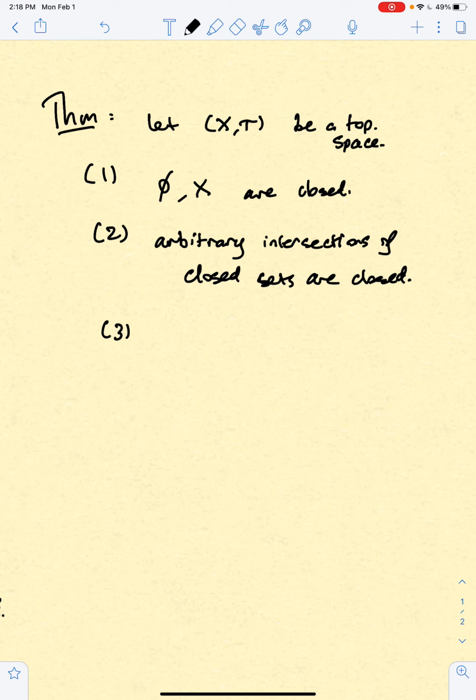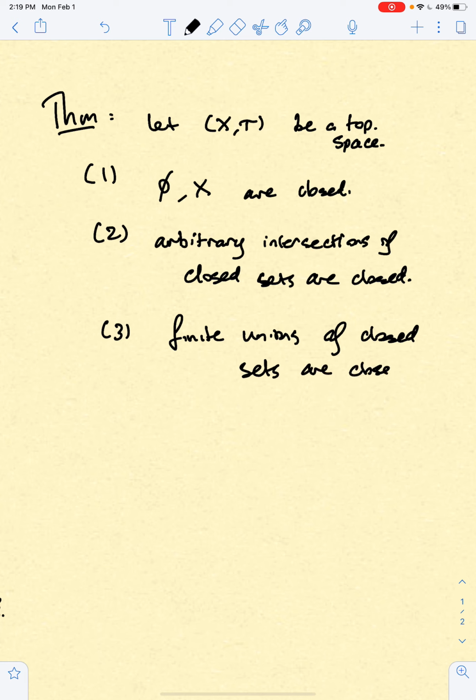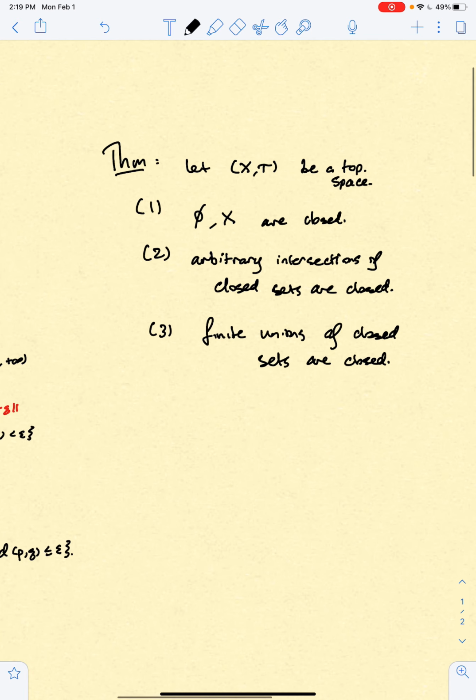Finite unions of closed sets are closed. And so you could actually define a topology to be a collection of things called closed sets, satisfying these 3 properties. And it's equivalent to defining a topological space.